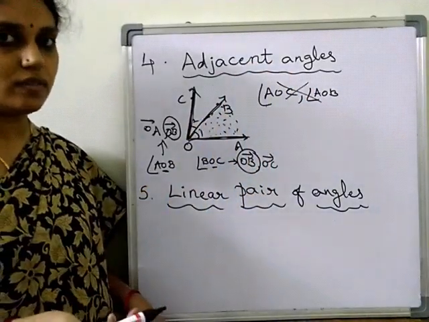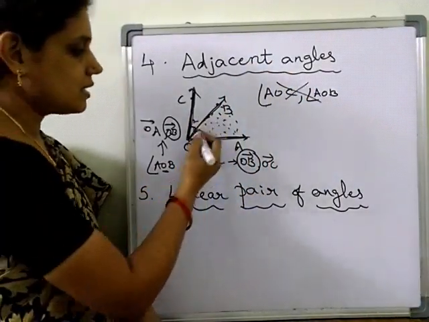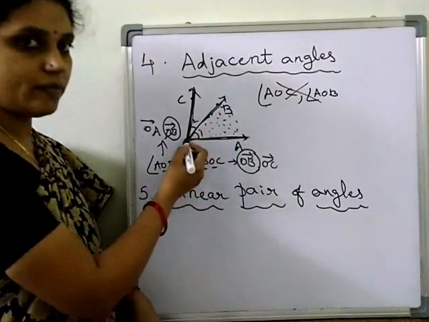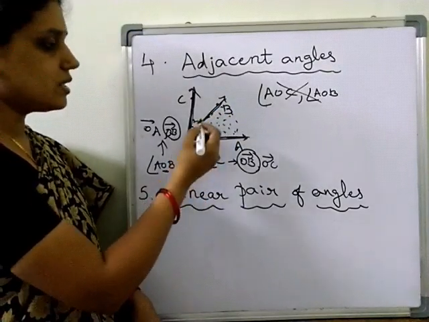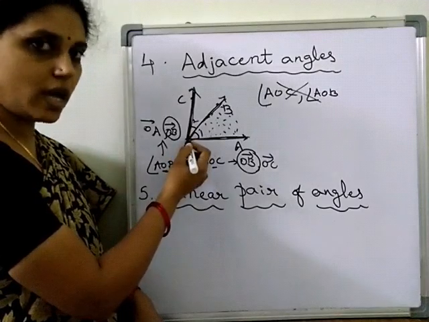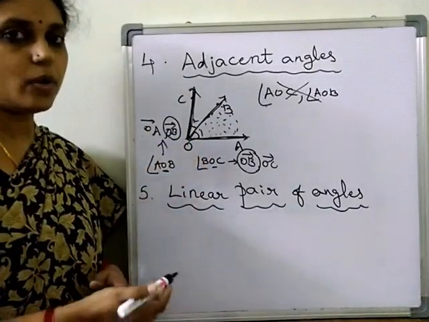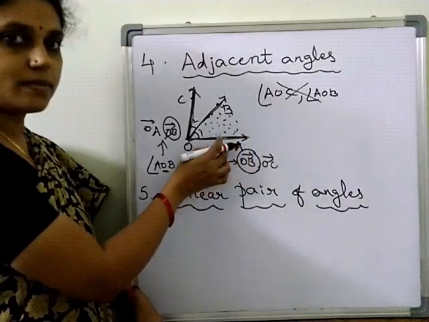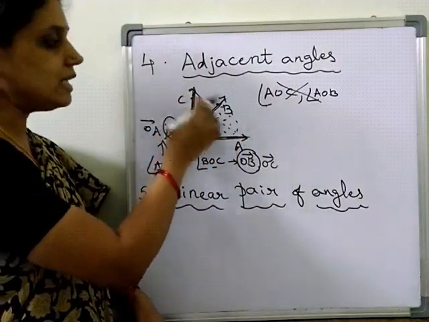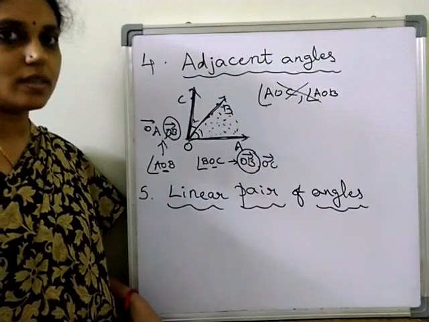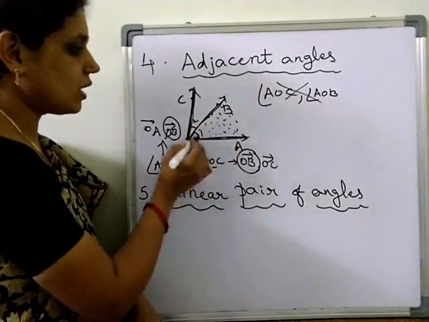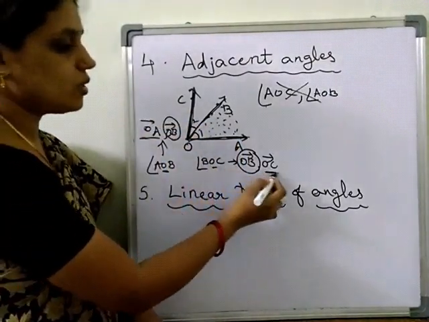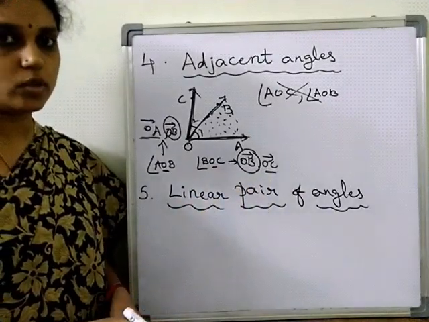In another way, how can we say? We already said one common arm in the second point. So, common vertex and common arm. And the third point is that the two non-common arms are on either side of the common arm. Here OA and OC are not common to both the angles.